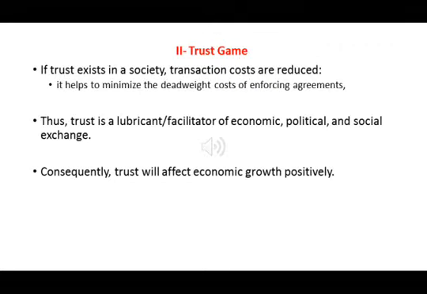Okay, instead of looking for measures that they should take in order to make sure that no one will default on the contract or things like that. Thus, trust is a lubricant or a facilitator of all economic transactions, all political exchanges and social exchanges.